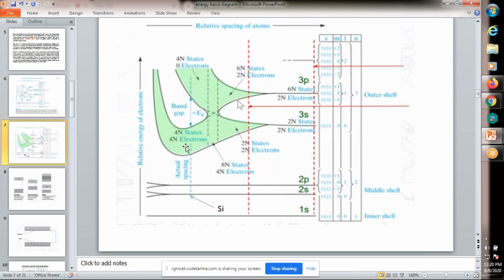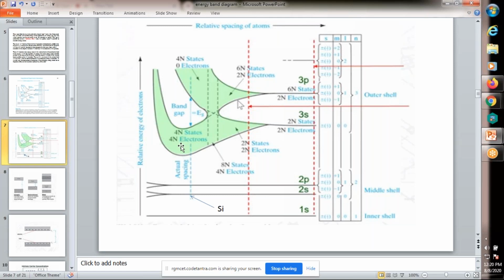But observe here in the valence band: how many states? 4 states are available. How many electrons? If N is equal to 1, 4 electrons are available. That means the valence band is completely filled with the outermost shell electrons.